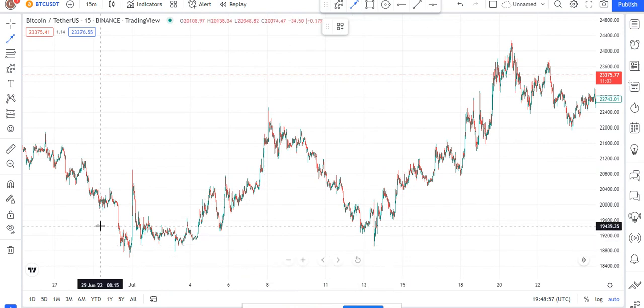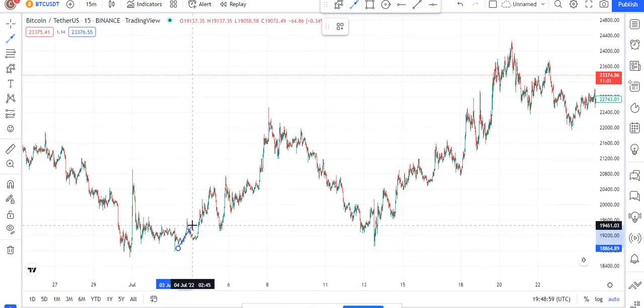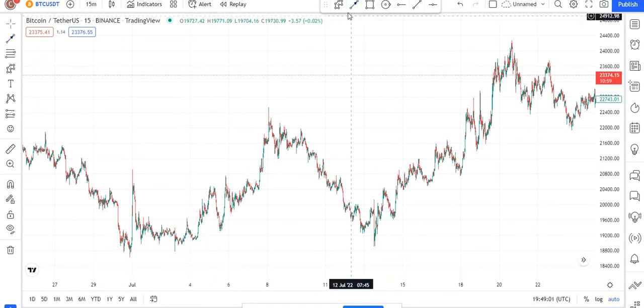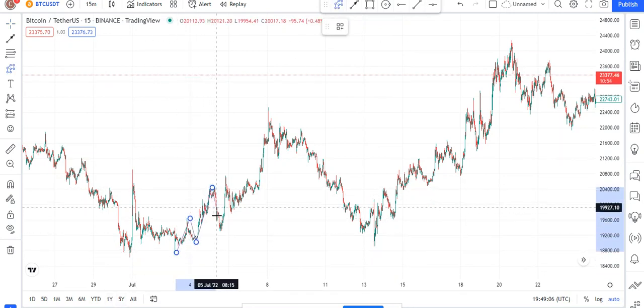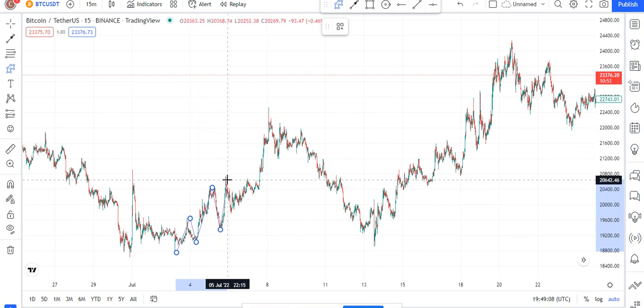We have a trend here, and we keep on making higher highs, higher lows.